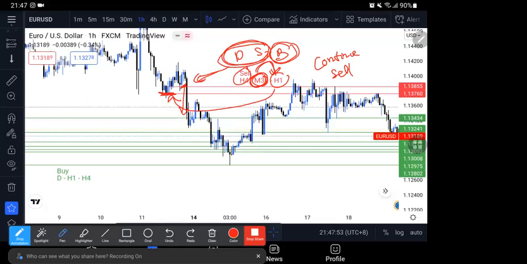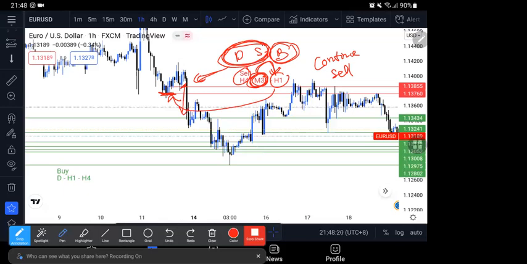So apa yang akan berlaku bila setup break bias? Bermaksud momentum in control, bila dia break saja, kita akan continue selling. So dekat mana kita nak cari setup tu? Kita just akan cari di sini ya. Kita akan ambil di entity ataupun kita akan jadikan entity ni sebagai direction.